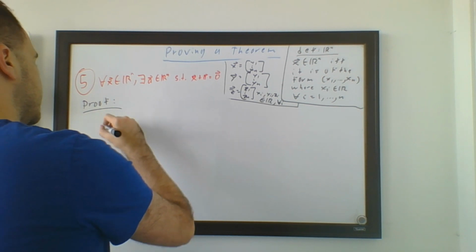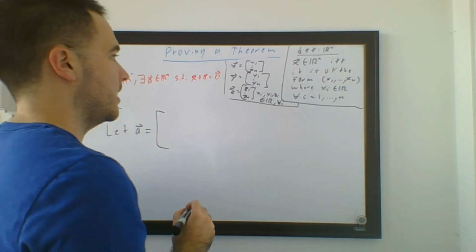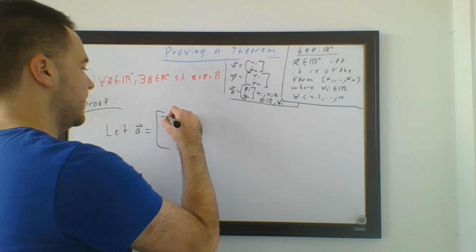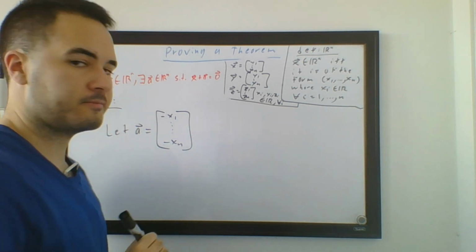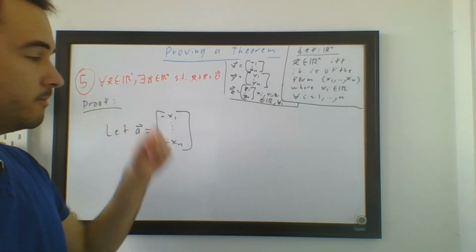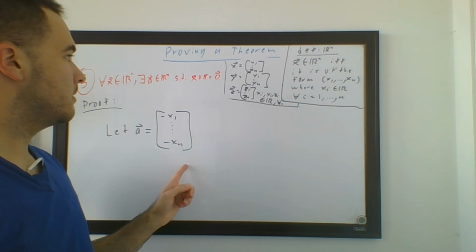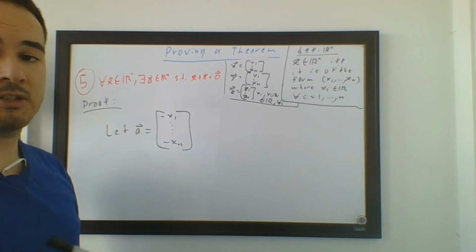So let's say let A have n elements, which is negative x1 to negative xn. So the first part is we need to prove that this is within Rn. So the first thing we need to prove is that our A is an element of Rn.